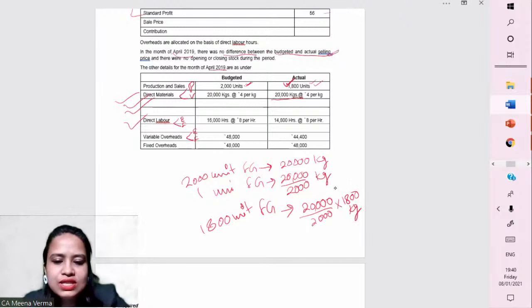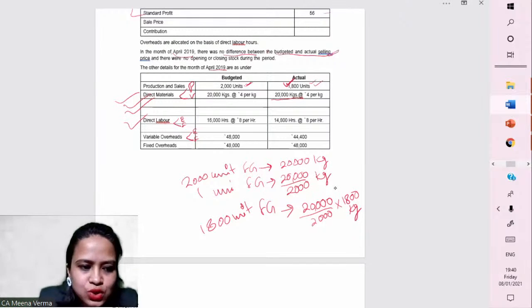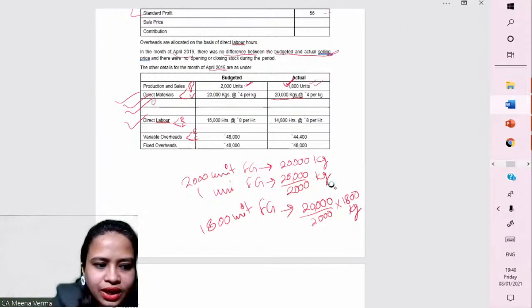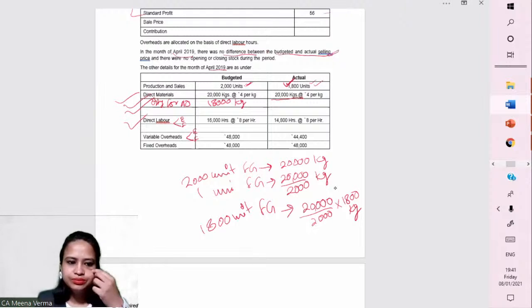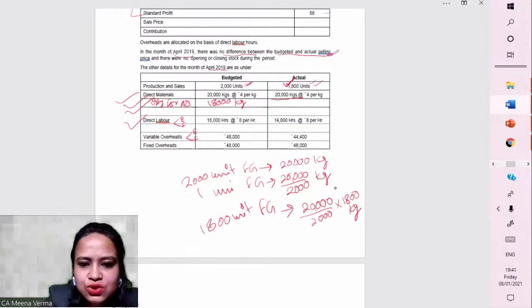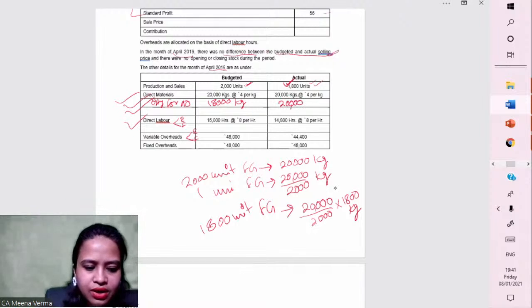So this is the standard quantity for actual output, which I can write here as standard quantity for actual output. This is 18,000 kg. I need 18,000 kg standard quantity for actual output, while the actual quantity is 20,000 kg. What is the standard price here?